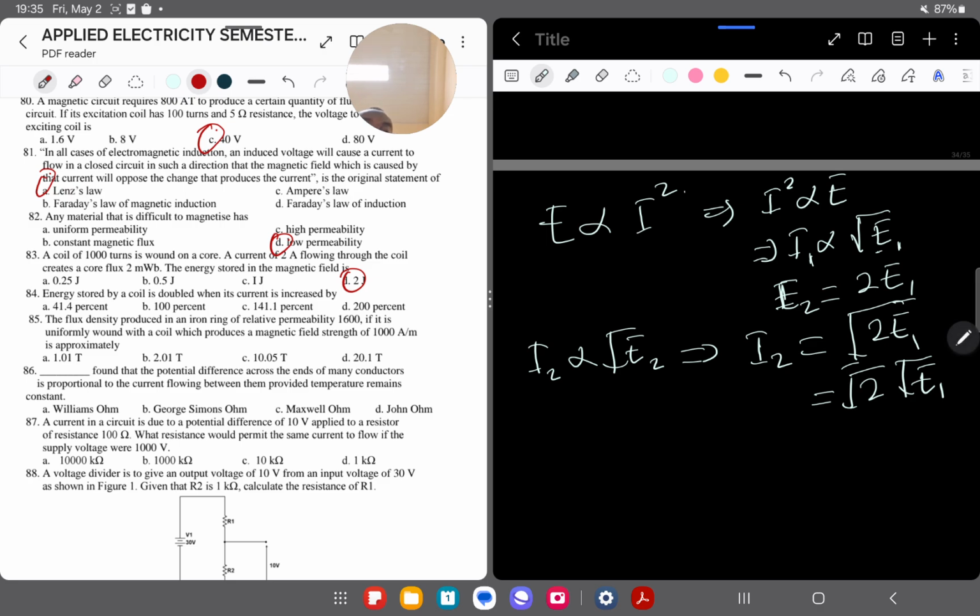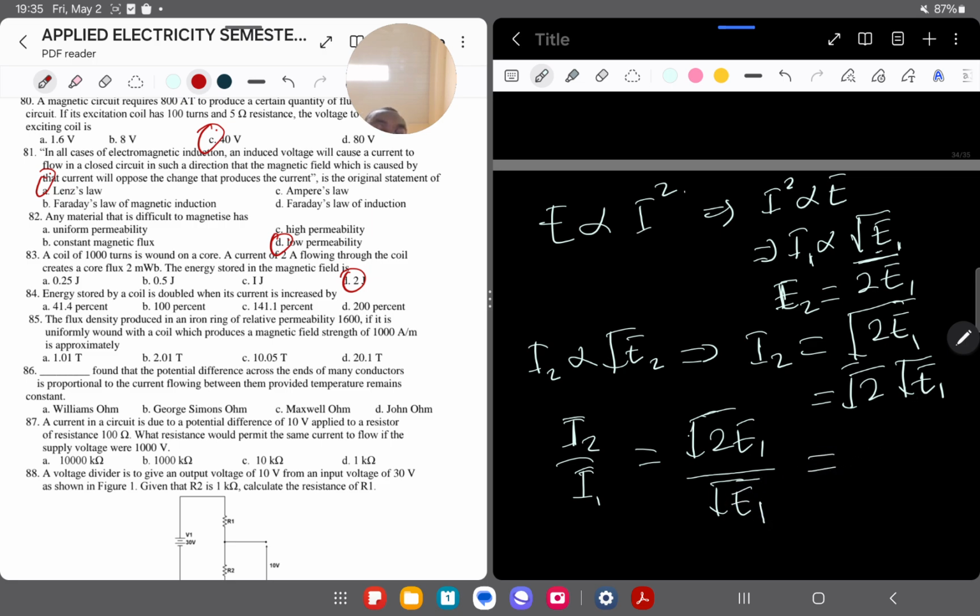So I can take I2, the second current, over the first current, I1, times 100. So that is root 2 E1 over root E1.